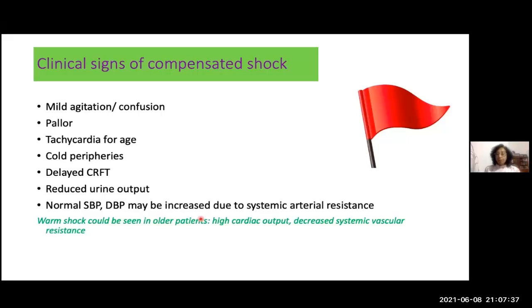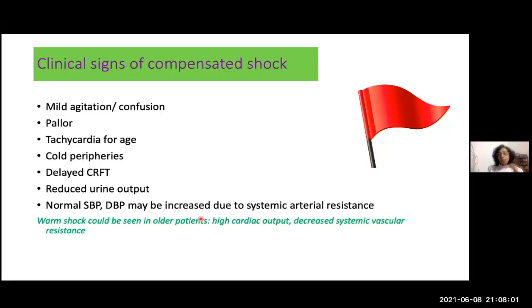Reduced urine output. And with a normal systolic blood pressure, if the diastolic blood pressure is increased, that could be due to increased systemic arterial resistance due to volume contraction. All these features may indicate compensated shock. So it's cold shock.